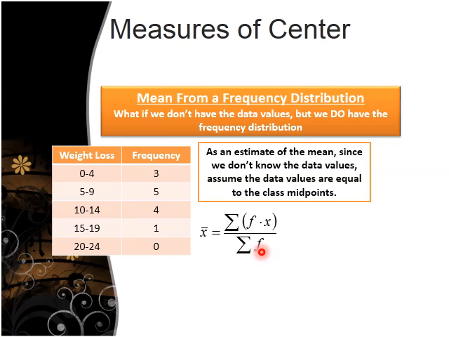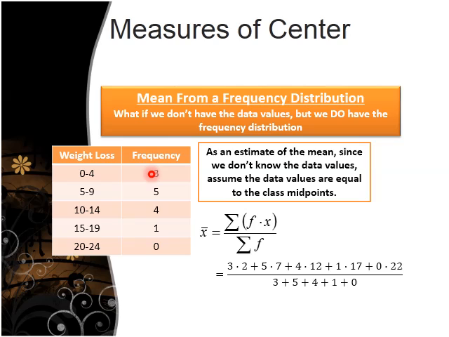Then to find the denominator, you simply add up the frequencies. This is equivalent to the number of data values that were in the original data set. So here I'm going to take 3, which is my first frequency, times the class midpoint 2 of my first class.